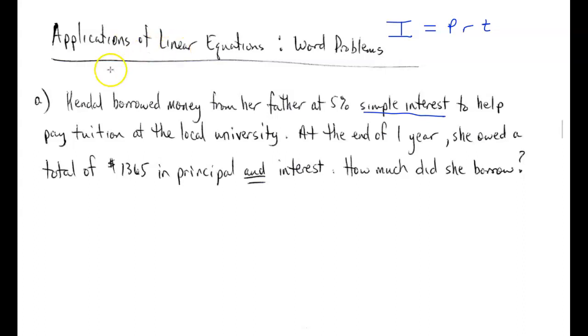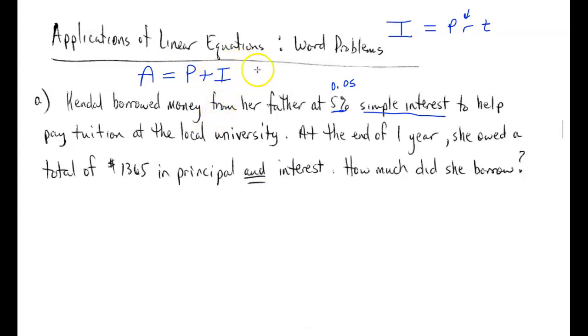And your rate, R right here, is a percentage, but we always express this in decimal form. So for instance, this will be expressed as 0.05. Now, with that being said, we also see that the accumulated amount after we borrow and we pay interest on it, and I'm just going to call that A, accumulated amount will be the principal, which is what we initially borrowed, plus the actual interest.